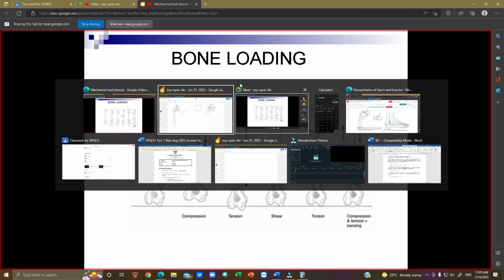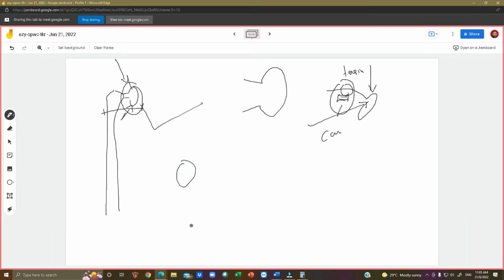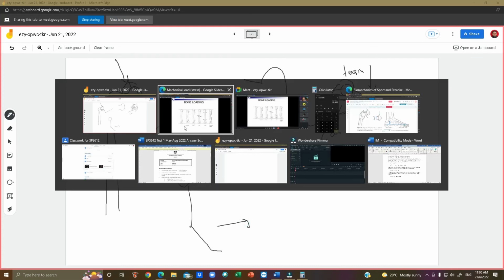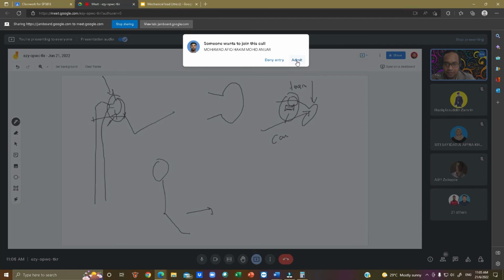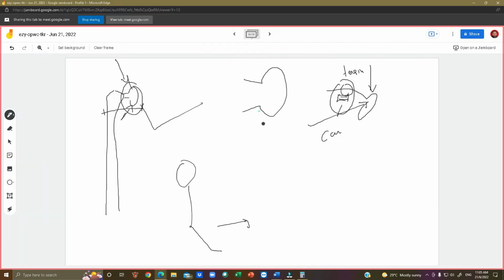Okay, you run forward. People running forward, and then when we get here we try to go over there instead, but our leg is stuck. So you're going to get torsion.